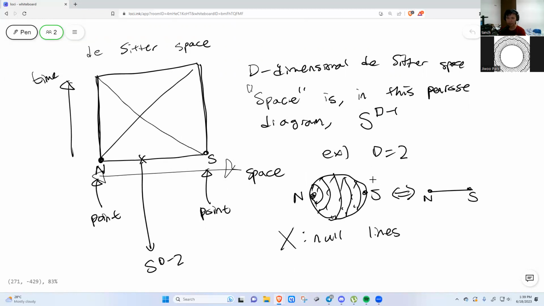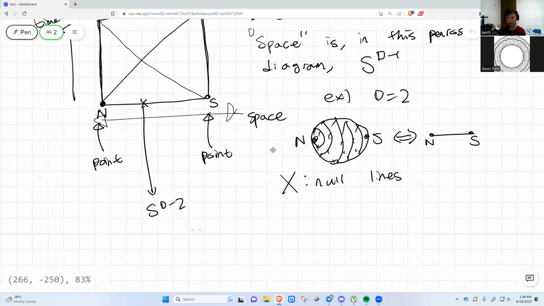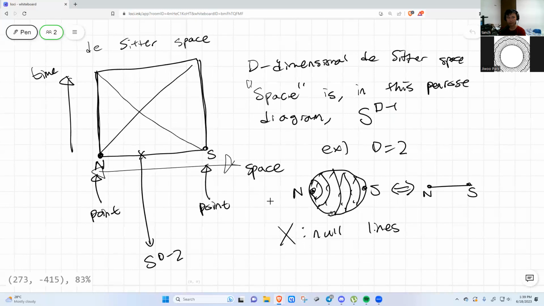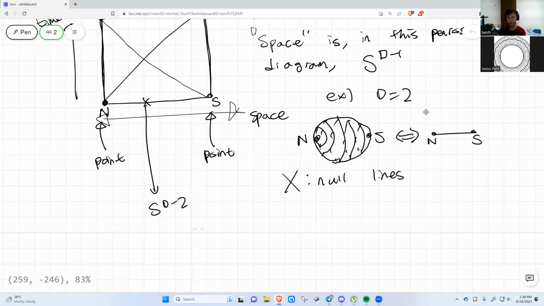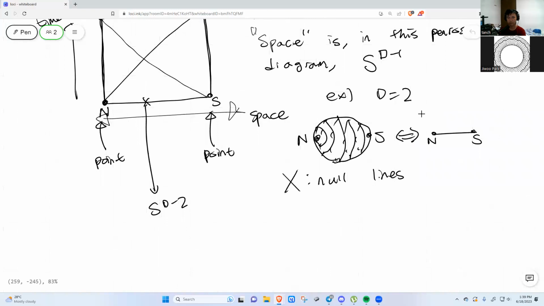The interesting thing is that you can write down the metric for this. By this drawing you can tell what the topology of the spacetime is, but you would also want to know what the metric is, so let me write that down for reference.